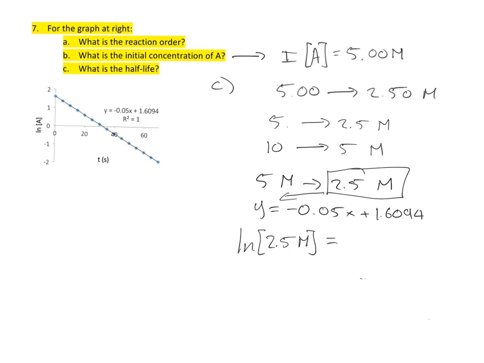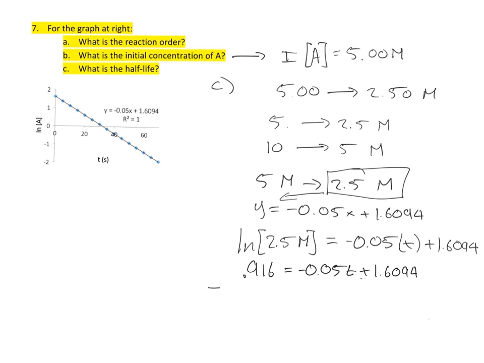And just like we did in the previous problem, we're just going to solve for t. So we have negative 0.05 t plus 1.6094. Now reducing this, we get 0.916 equals negative 0.05 t plus 1.6094.